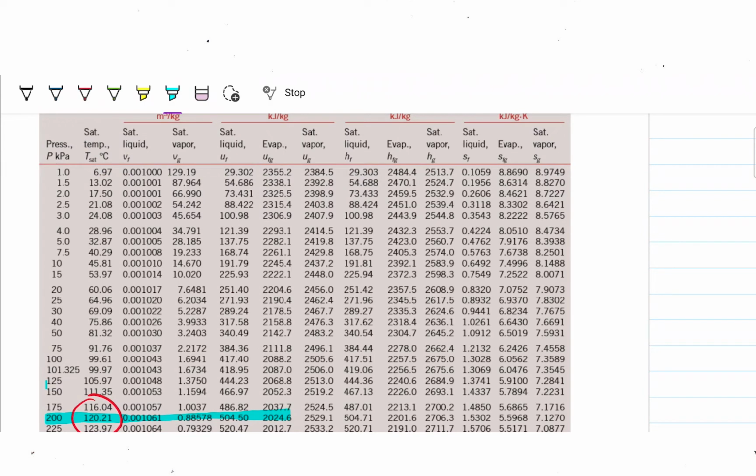So I can be sure that my state 2 is at that temperature, because the temperature will increase all the way until it reaches that point, and from that point onwards, it's not going to change until this becomes a superheated fluid, right? And we know that's not the case because we reached the point at which the whole thing has been vaporized.